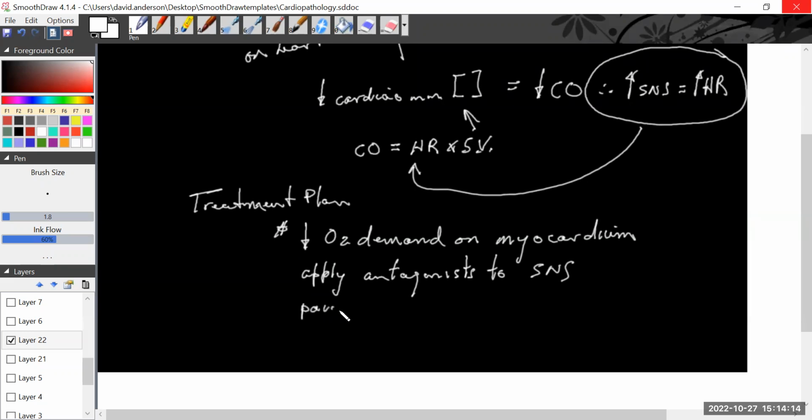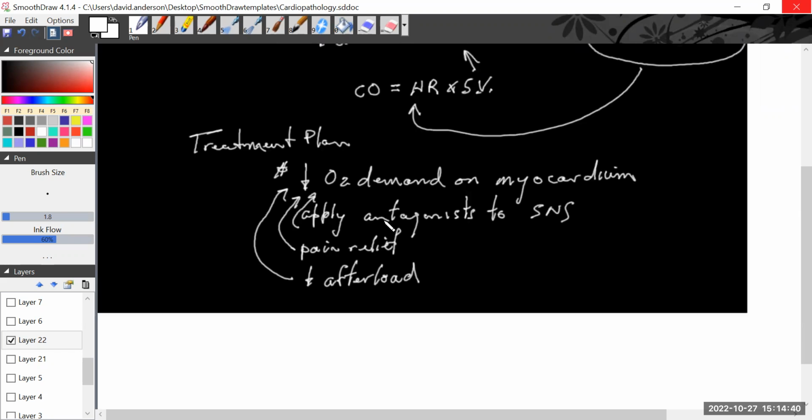Maybe some pain relief is helpful. And anything we can do to decrease afterload. Because if we decrease afterload, all of these things are actually contributing to the decrease in oxygen demand. Okay, so that's the goal. We want to decrease oxygen demand.